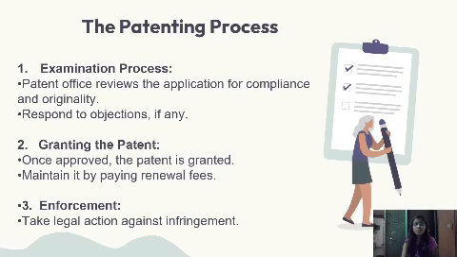They will check whether your product is new or it is already existing. The patent office will respond to any objections if there are any. If there are no objections, we will go on further, wherein we will grant the patent to the user, that is you, who has developed the product and who is the inventor of the product.